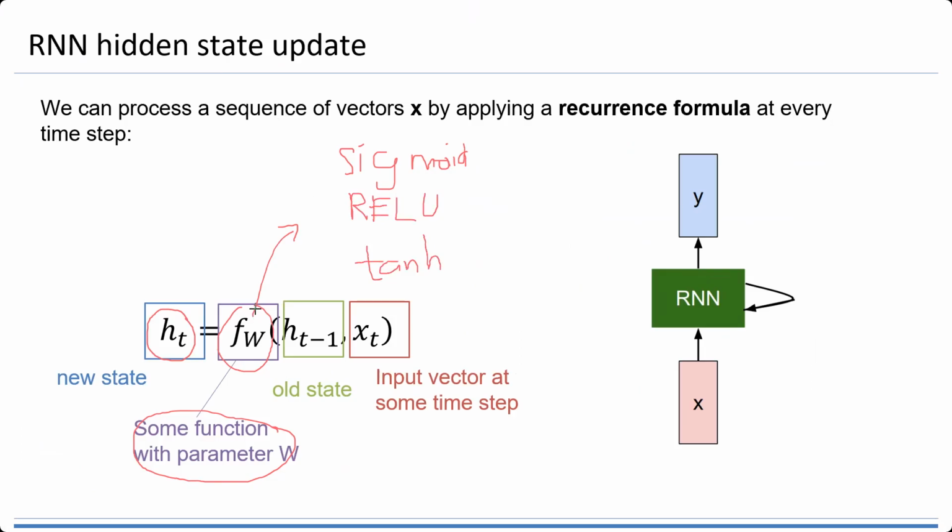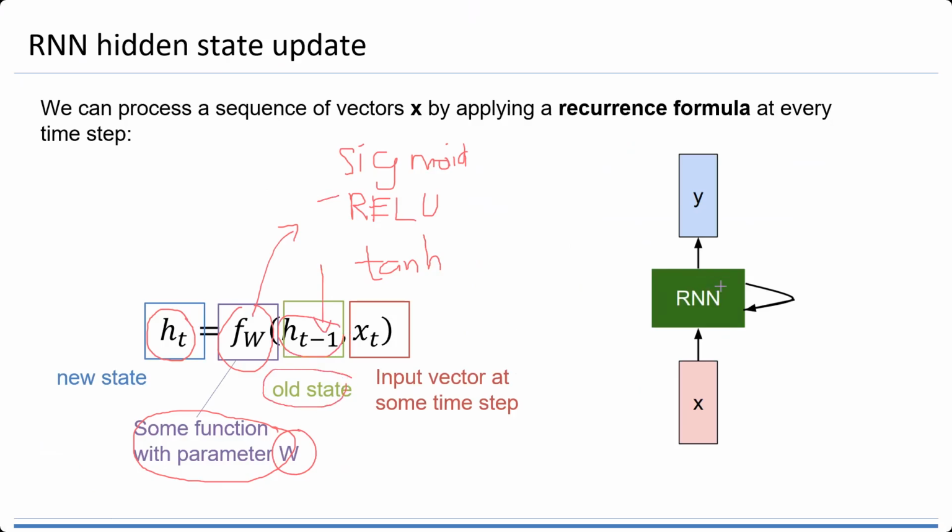So the activation function can be any function, and we have the parameter W. The W is the weight that is produced during the neural network. And we are going to do this one on the old state.